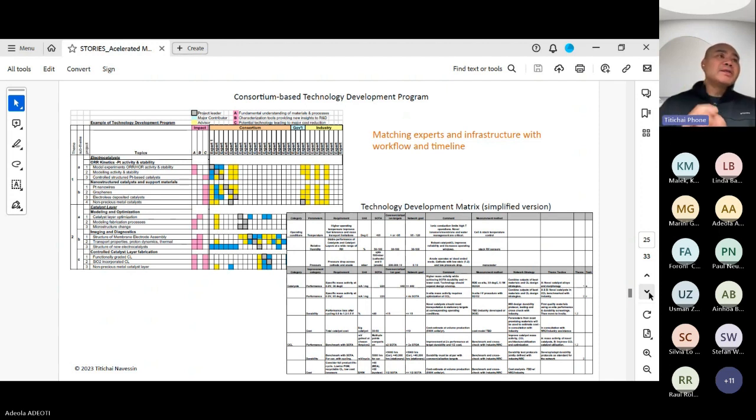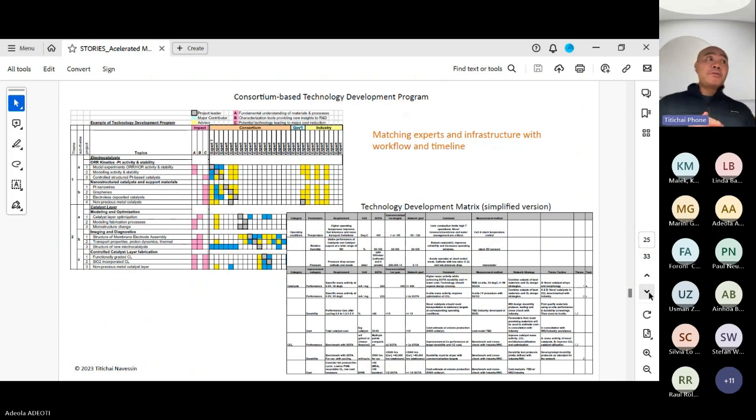what it looks like. Essentially, different technical parameters with the existing performance versus the state of the art where it is, and any gap, and then the target that you are driving towards for different components.